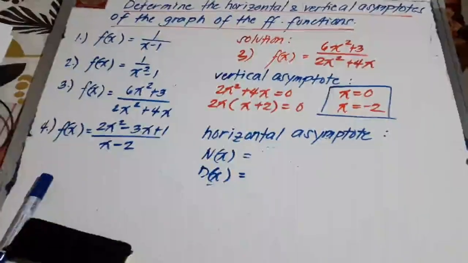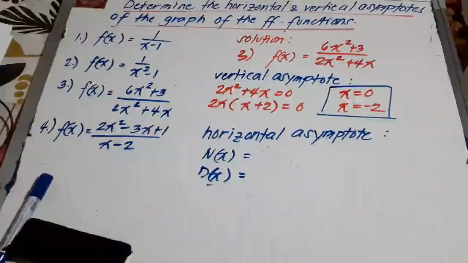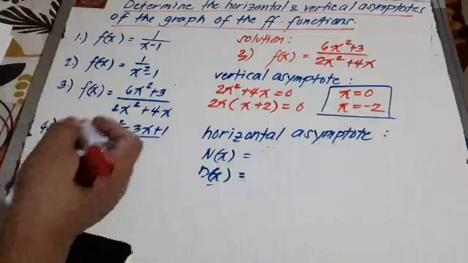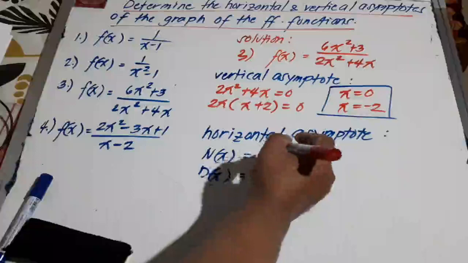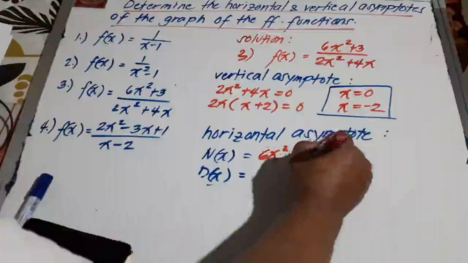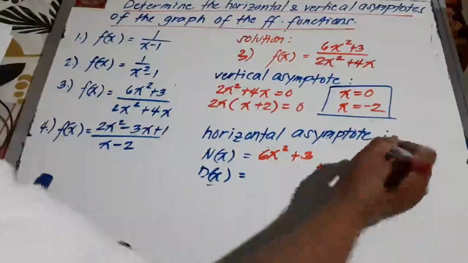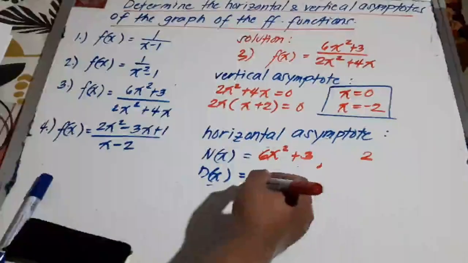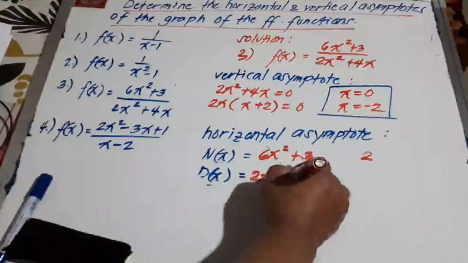And for the horizontal asymptote, we're going to compare the degree of x on the numerator to the degree of x on the denominator of the rational function. We have n of x, our polynomial, is 6x squared plus 3. Ang degree nito, 2. Okay. Sa baba, we have 2x squared plus 4x.